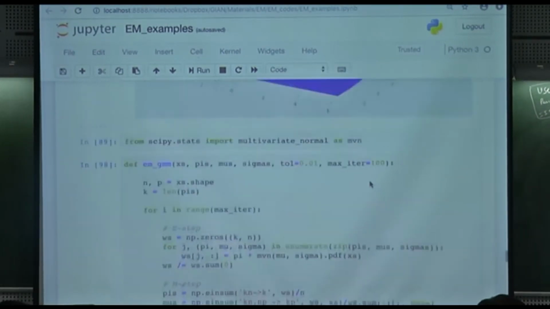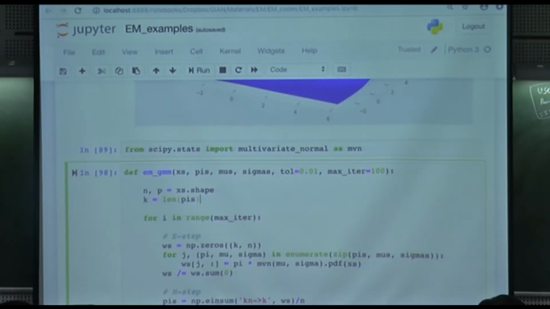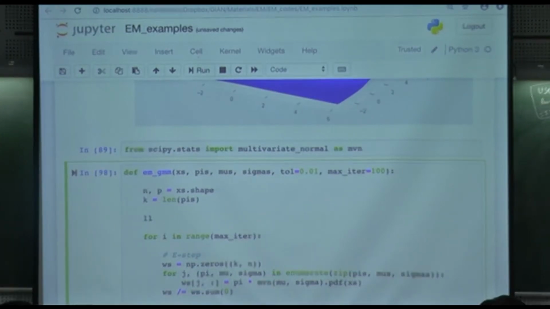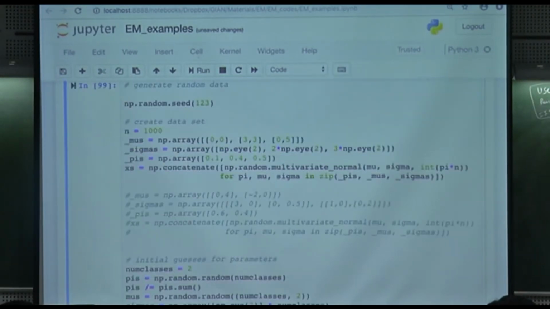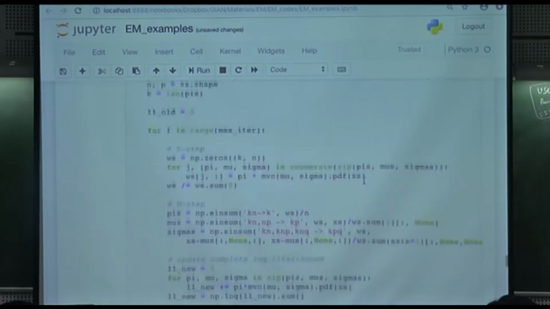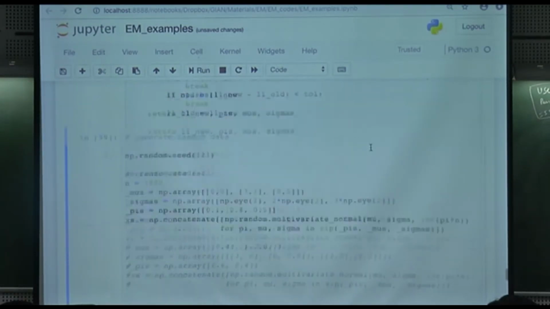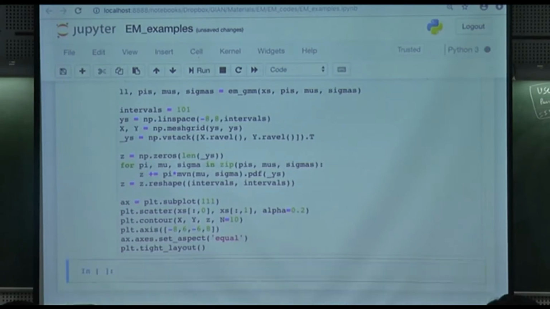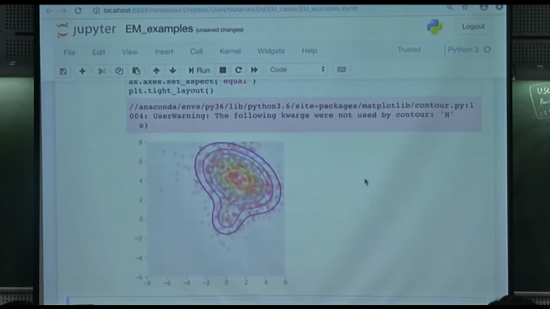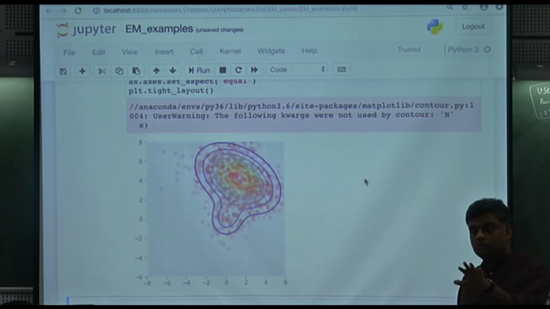Oh, I had to define something over here. LL old equals, I don't know, 0. So now what it's done is, question?